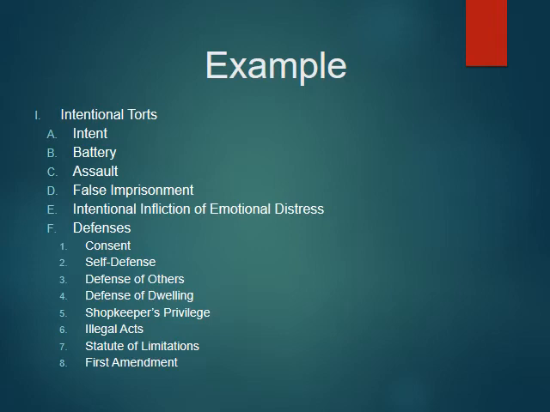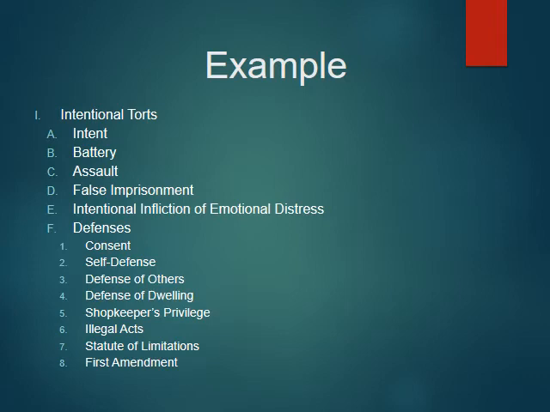So for torts, the overall Roman numeral level of organization, first one will be intentional torts. And then you'll go through the others that we highlighted before on the tort slide, and any others Professor Kravitz focuses on, or doesn't focus on, right? I mean, you have to make sure that you align with his syllabus and with his text. But this is generally what torts will look like.